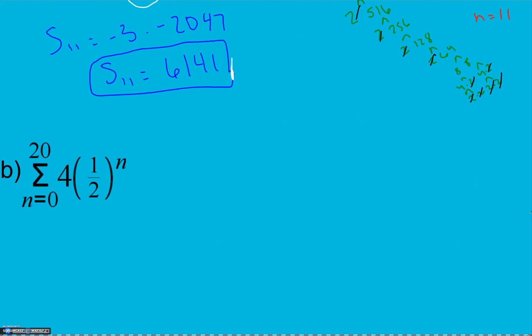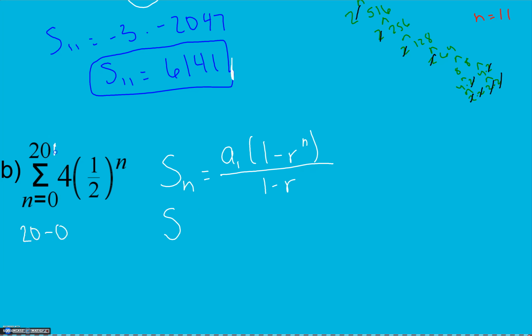Same idea here. So our formula is S sub n equals our first term times 1 minus r to the nth power over 1 minus r. And we can get a lot of the information that we need right here. We know our number of terms is always 20 minus 0, this number minus this number, plus 1.